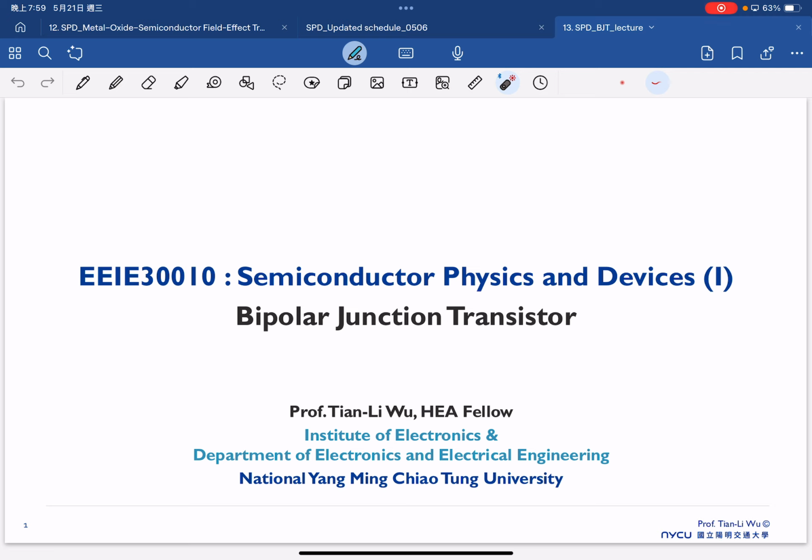Okay, so let's move on to the next transistor. This transistor is also very important, but in most semiconductor classes, some professors will put this before the MOSFET.